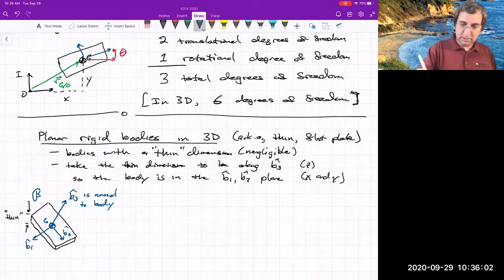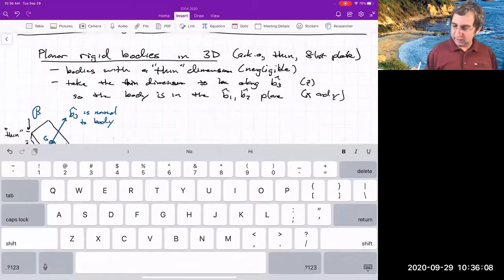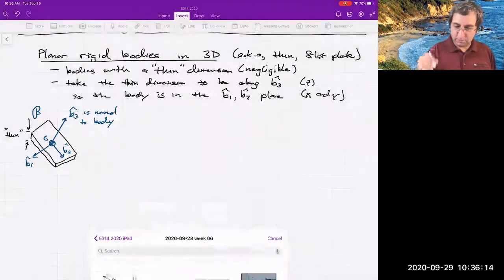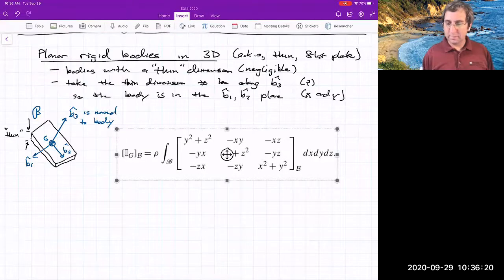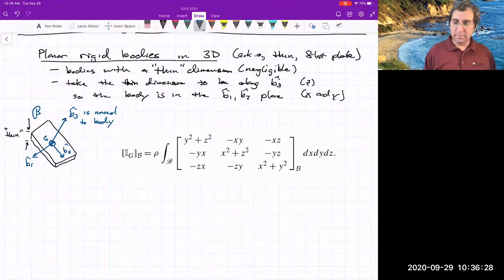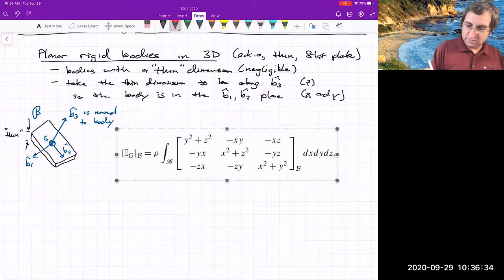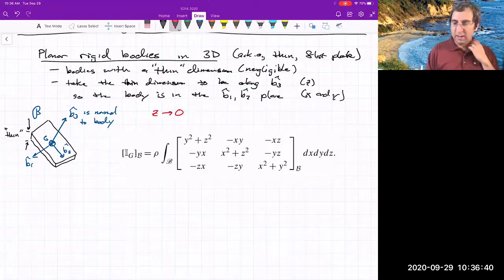If I have this situation, then something happens to the moment of inertia matrix. Here is that moment of inertia formula, and we're assuming we pulled out the density, so let's assume it has uniform density. If the z direction is negligible, this just goes to 0. So anywhere that we have z, we can neglect that.